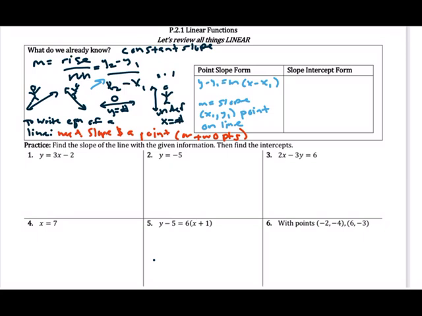Now, slope-intercept form is the one that most people are incredibly familiar with. y equals mx plus b, where m is still our slope, and b is the y value of our y-intercept. In earlier classes, we spend a lot of time working on slope-intercept form because we're often interpreting what that y-intercept is, or it's helpful for us to have that value.